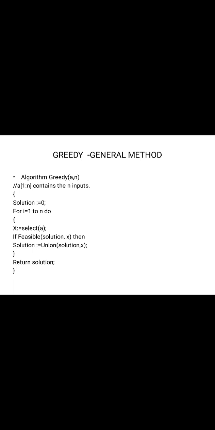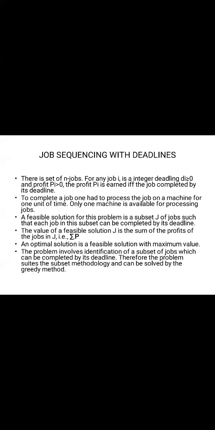The solution is initially empty. We use a for loop, i equal to 1 to n. We select x as one element. If x is a feasible solution, then solution equals the union of solution comma x. We combine them, and finally we return the solution. So this is the general method for the greedy approach.